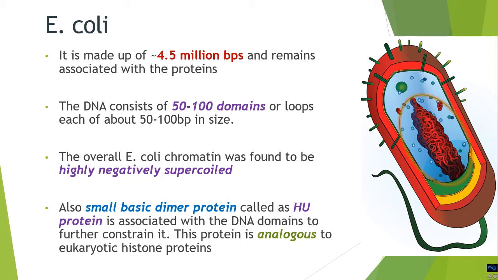Overall, the E. coli chromatin is usually highly negatively supercoiled. I will cover what supercoiling and negative supercoiling are in a different lecture. As I already said, the proteins associated with the nucleoid structure in E. coli are usually HU proteins, histone-like proteins. They are similar or analogous to the eukaryotic histone proteins.